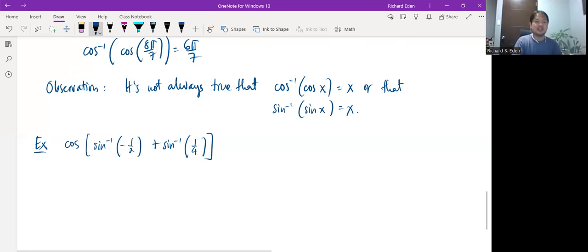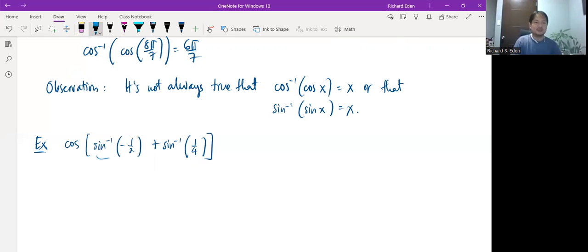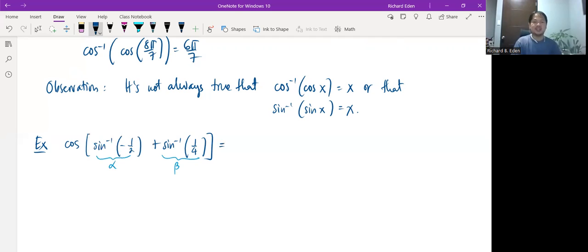These two sine inverses, let's replace them with variables. Let this be alpha, let this be beta. Because then that means our interest lies in finding cosine of alpha plus beta. That is what we want.